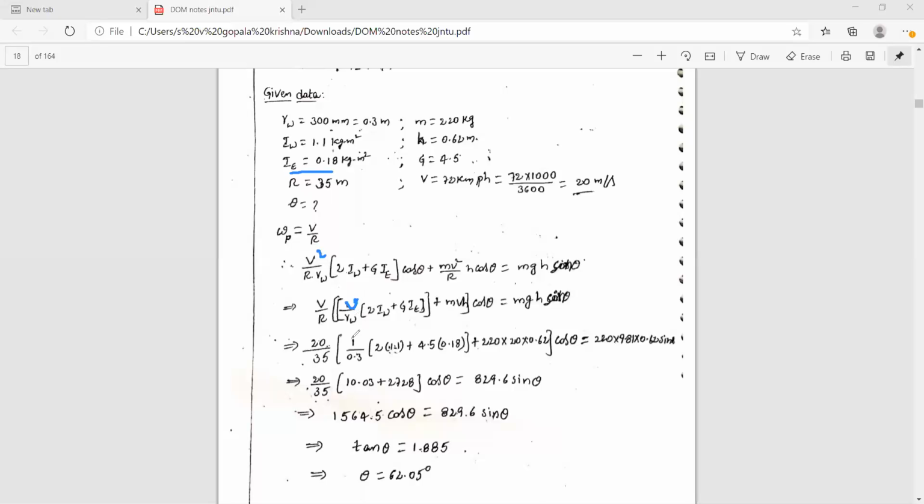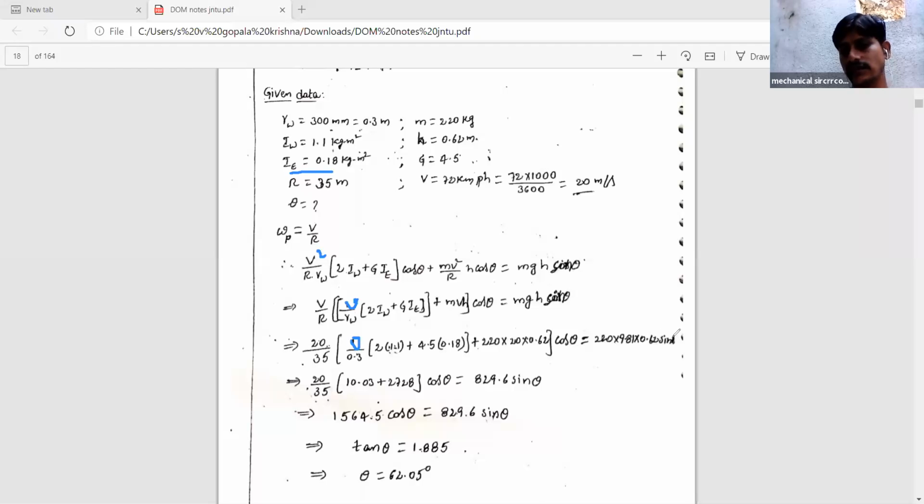V by R, and what are the known values? Wherever the V is missing, substitute that V, and then all the known values are substituted in our entire equation. Then the unknown is only theta. Cos theta is on the left side and sin theta on the right side.